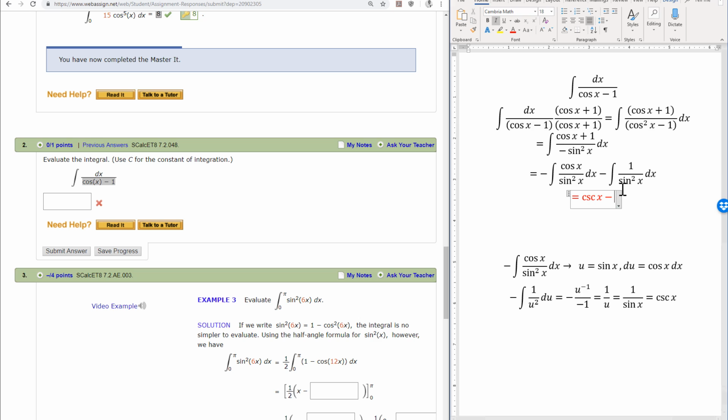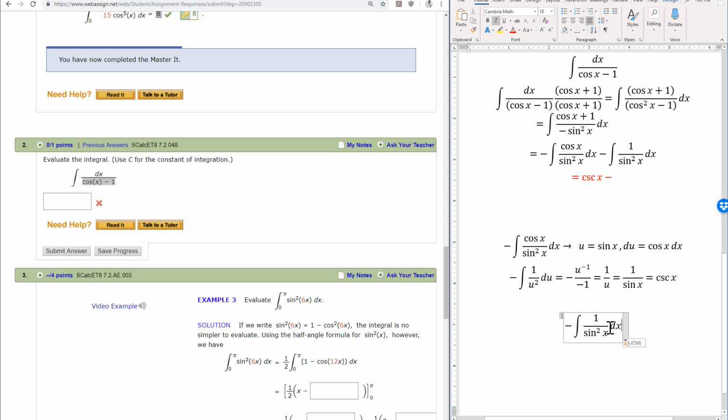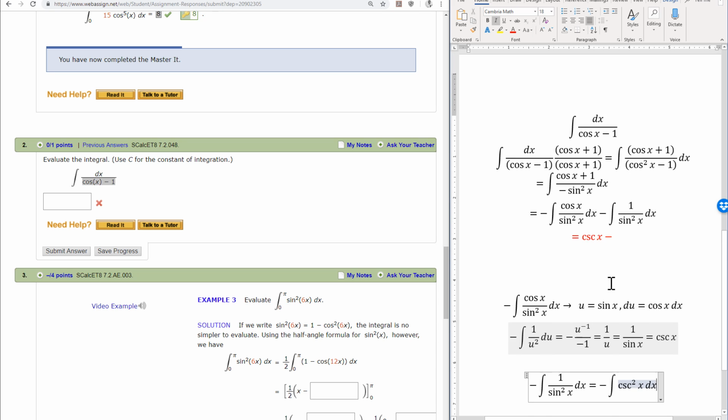Now we still have one more expression to deal with, so let's figure out what this is going to equal. We want the integral of this, which is just equal to the integral of cosecant squared of x. And I think we have a formula for that.